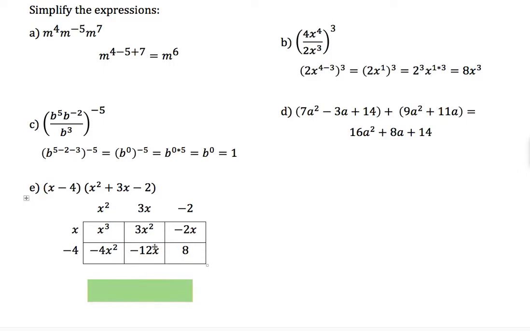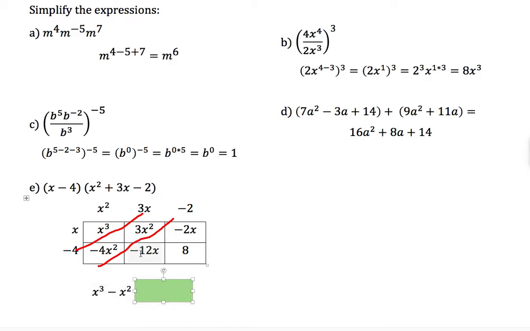Okay, and then again, like we did earlier when we boxed, we can do these diagonal lines, and that just helps separate your like terms. So x to the 3rd power is kind of on its own. It's going to be at the very front. And then the negative 4x squared plus 3x squared is just going to give you a negative x squared.